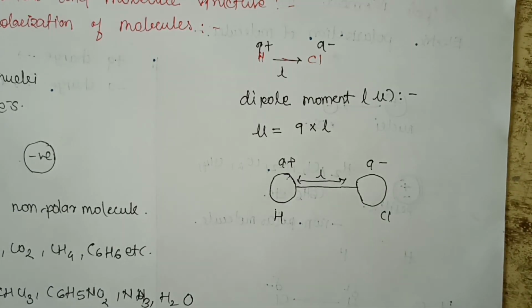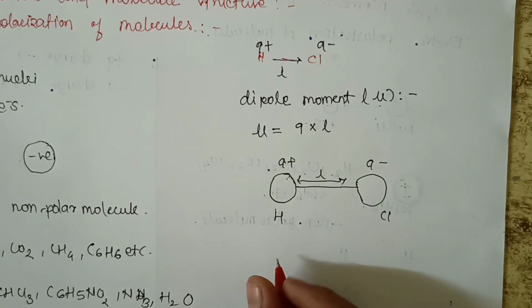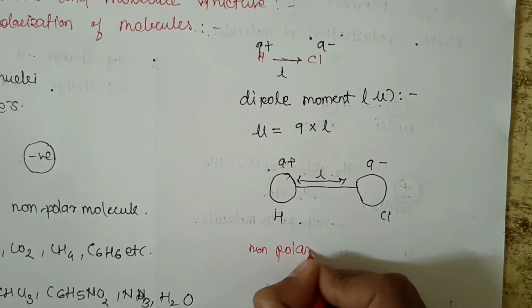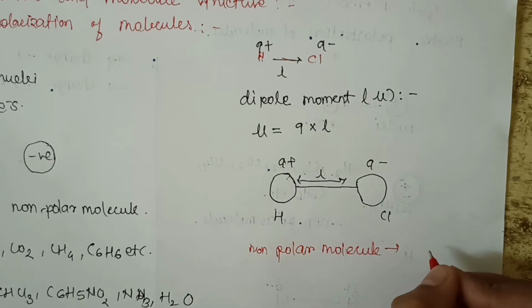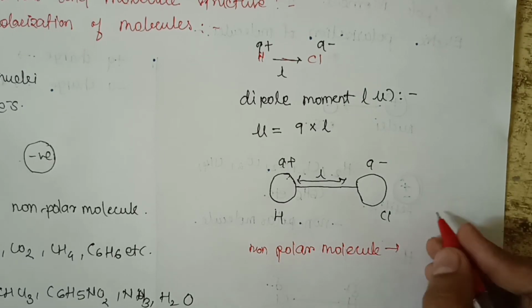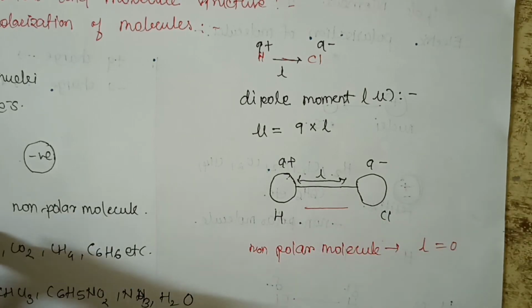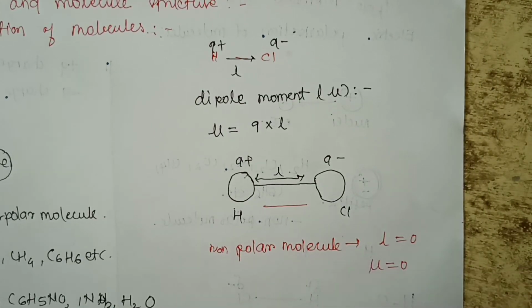In a non-polar molecule, the dipole moment is 0. This is because the centers coincide with each other, so the distance L equals 0, and so mu equals 0.